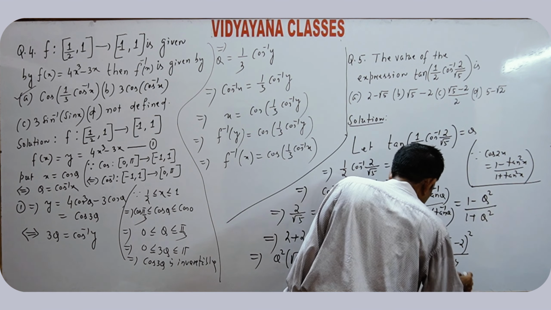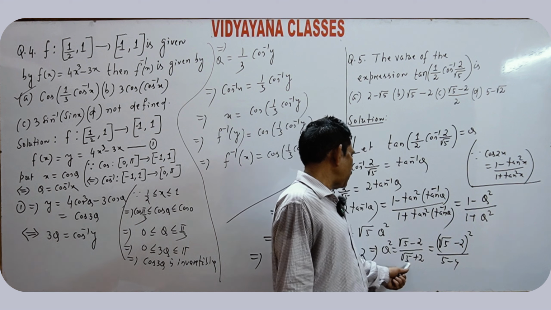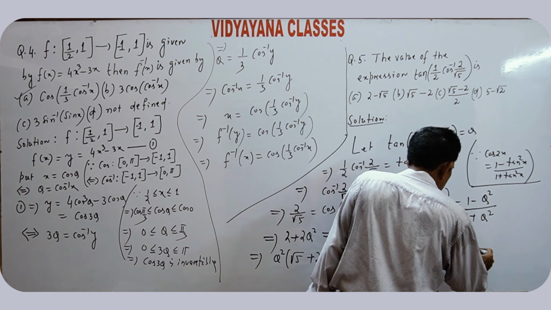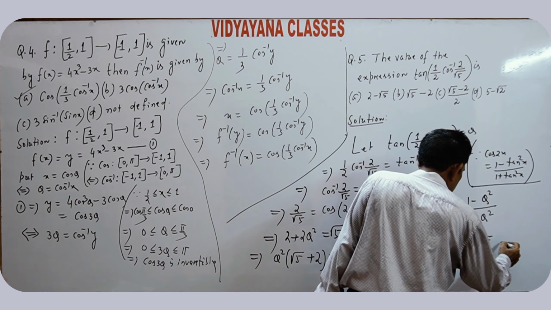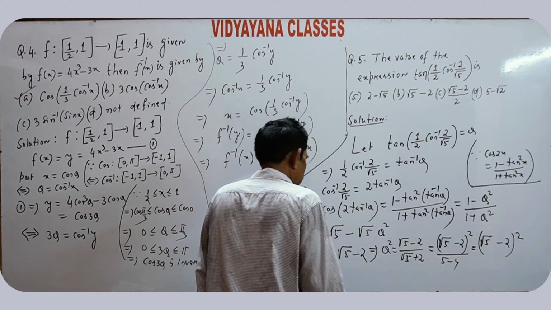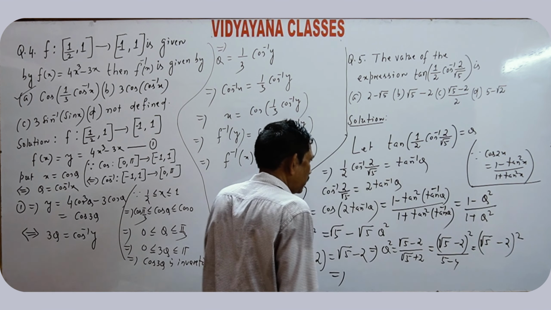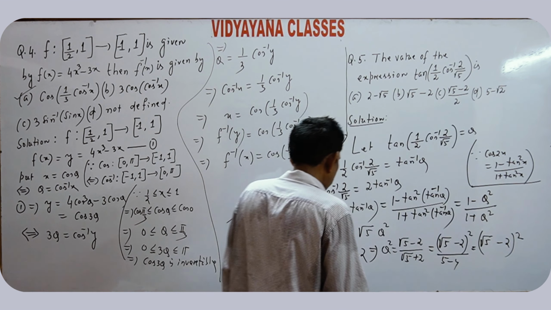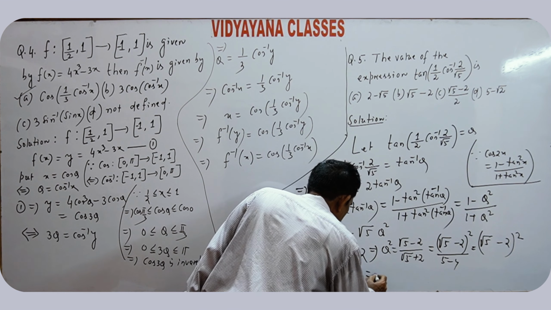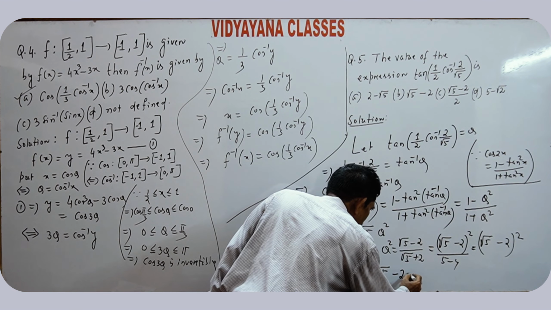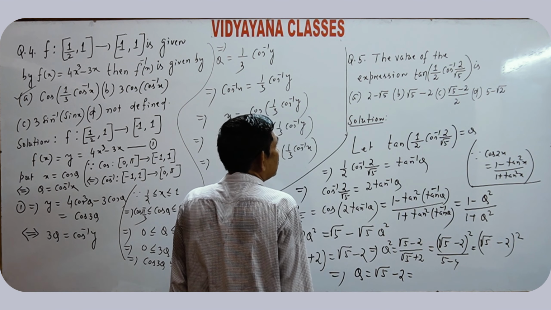Multiply root 5 minus 2 in numerator and denominator, which is equal to root 5 minus 2 whole square over 5 minus 4. Theta square is equal to square of root 5 minus 2, so theta is equal to root 5 minus 2.